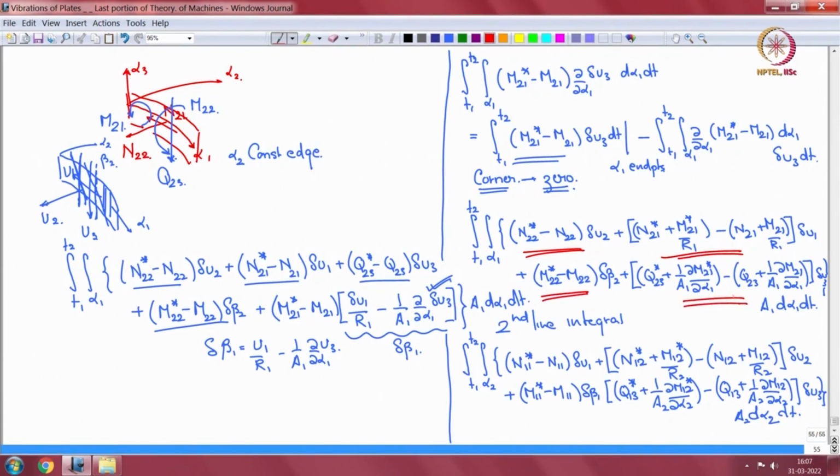Okay. At this point it is purely mathematical, it doesn't have any physical basis, but I'll give you a physical basis in a few classes. Okay. So now these have been renamed.